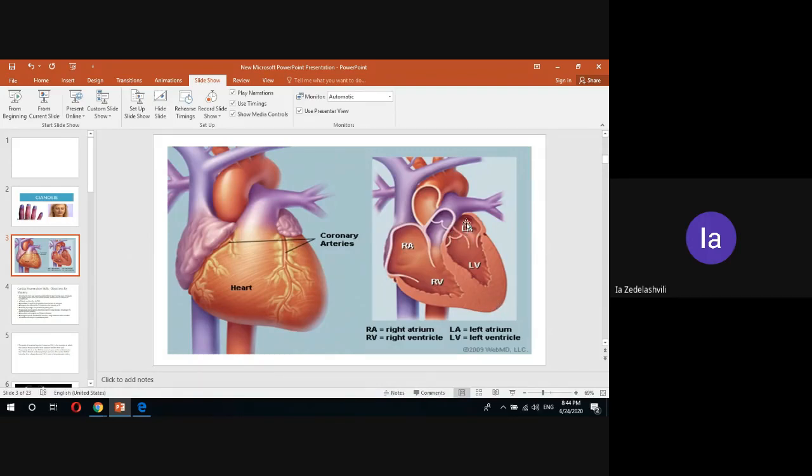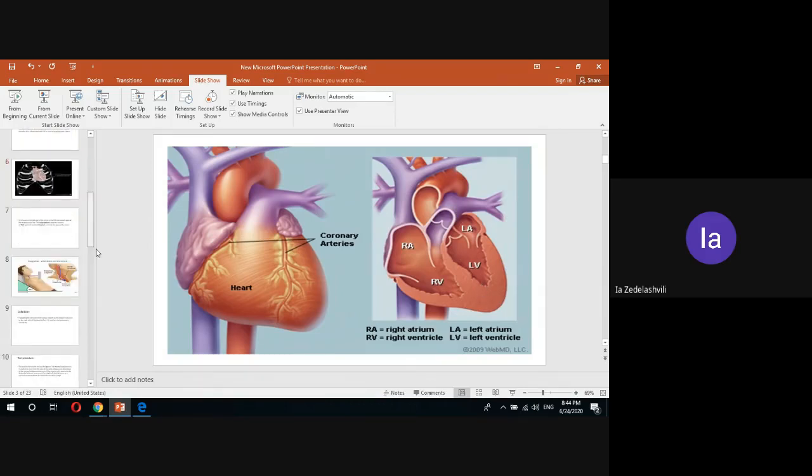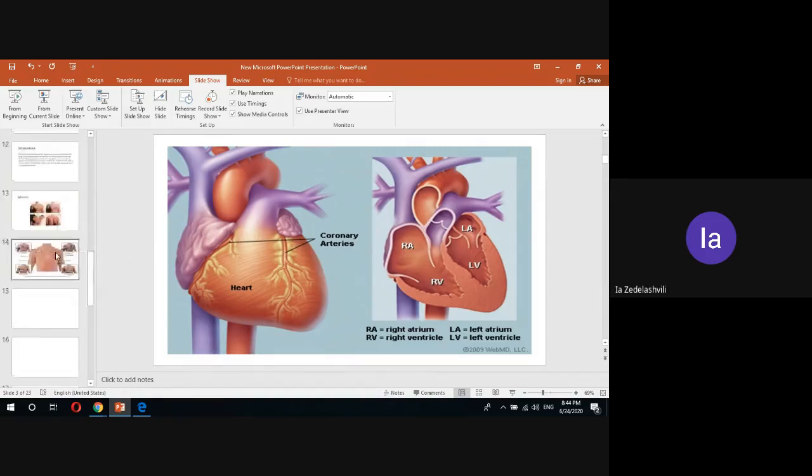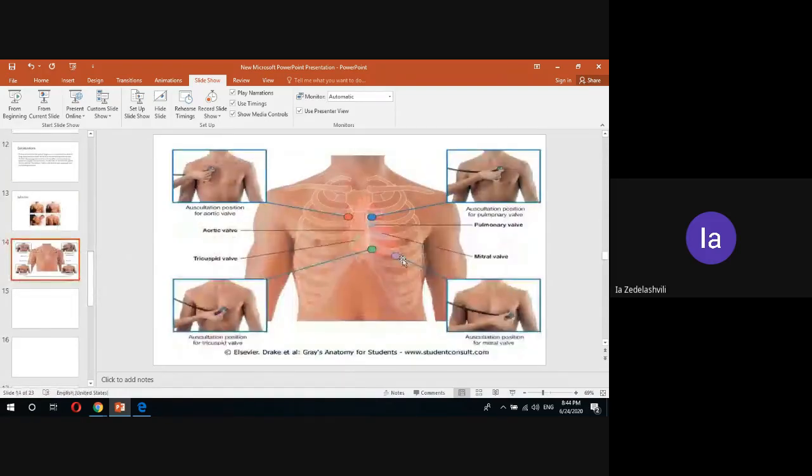The valve between the left atrium and left ventricle. So in this position, on the apex, you can find the mitral valve, which is between the left atrium and the left ventricle. Get it?